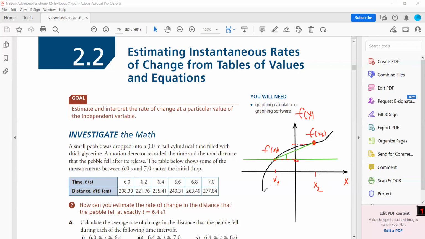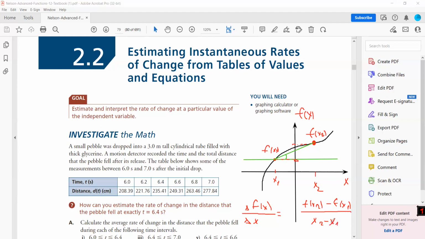The formula to define the average rate of change was as follows: delta f(x) over delta x equals f(x2) subtract f(x1) divided by x2 subtract x1.